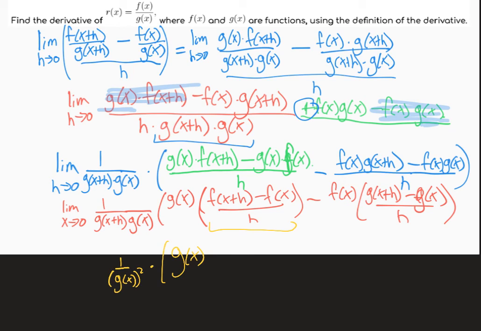This is the derivative of f of x, so that's f prime of x. We are subtracting. F of x doesn't change if h approaches 0, so we've got f of x. And then this is the derivative of g of x. Cool. So g prime of x.